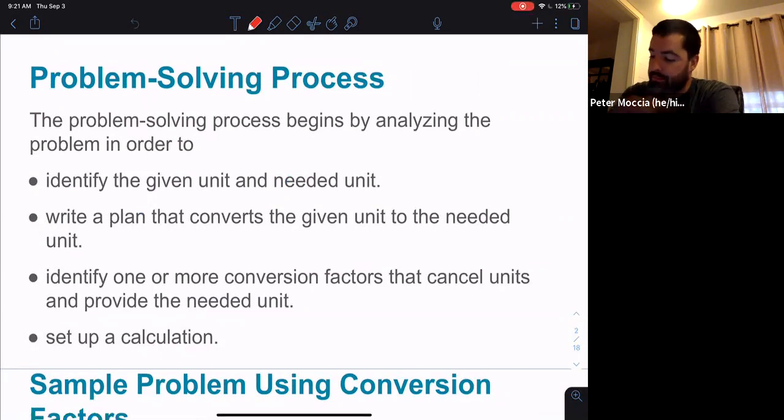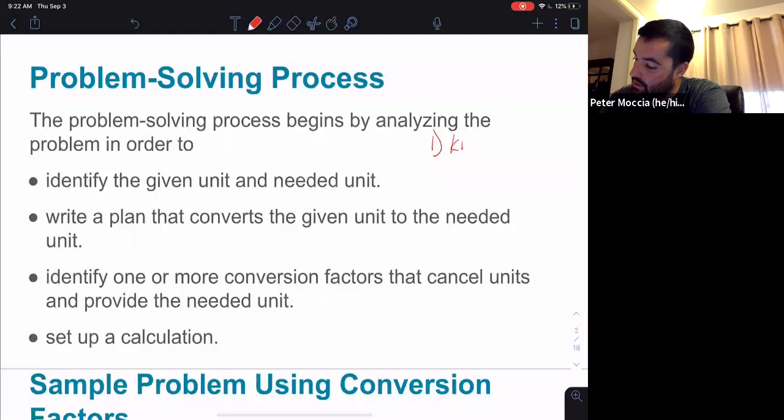So number one, the first thing we want to do, identify the given unit and needed unit, also known as your knowns and unknowns.